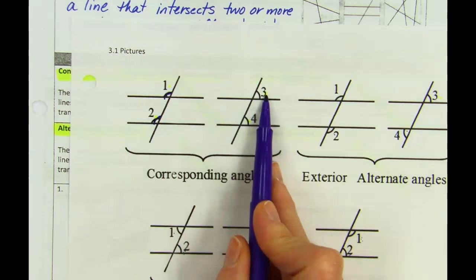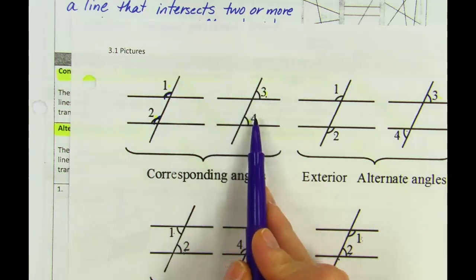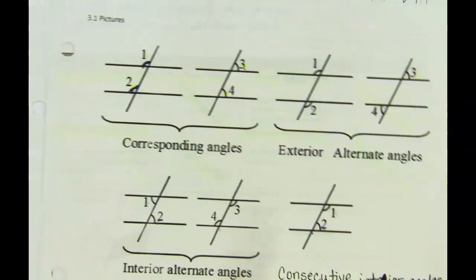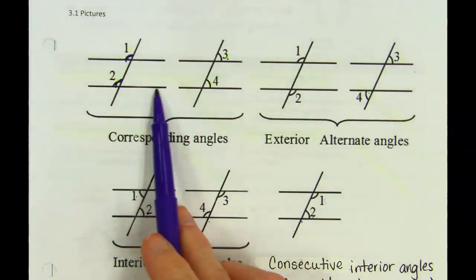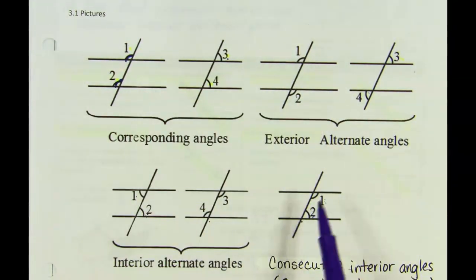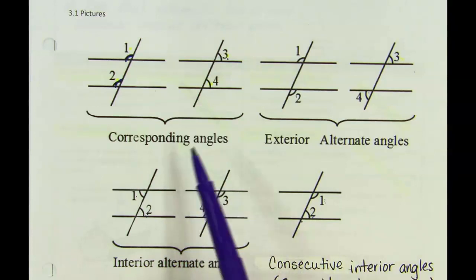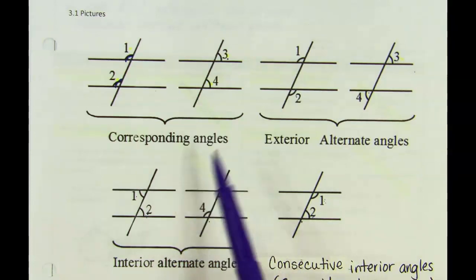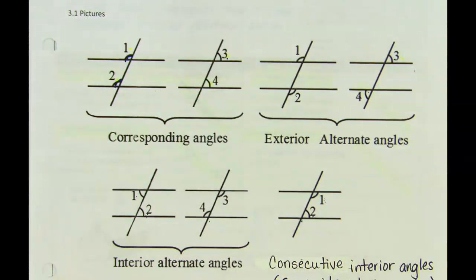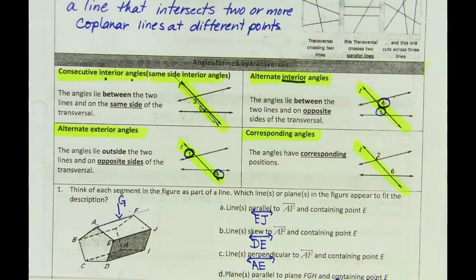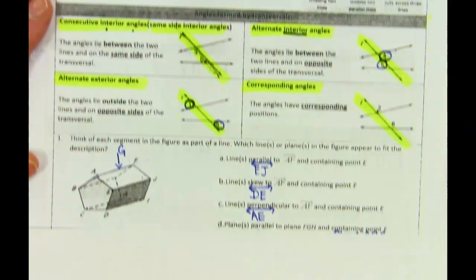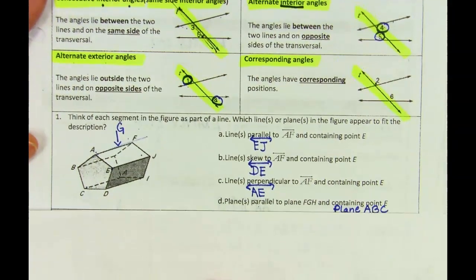If you look over here, 3 and 4 are in the same position. Now, if you'll notice in the pictures that I have on this piece of paper, these lines are actually parallel. So I need you to know that relationships can exist even if you have parallel or you don't have parallel, they can still exist.